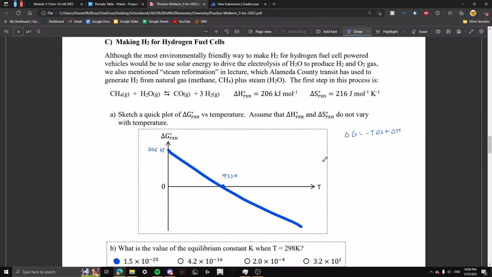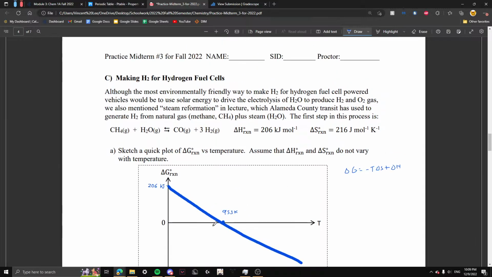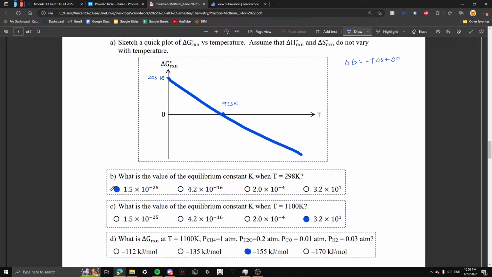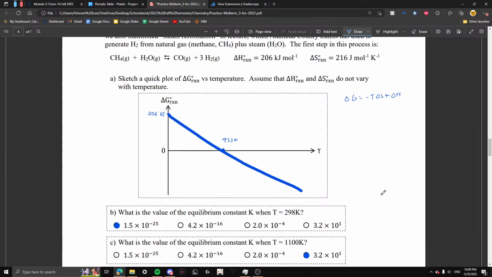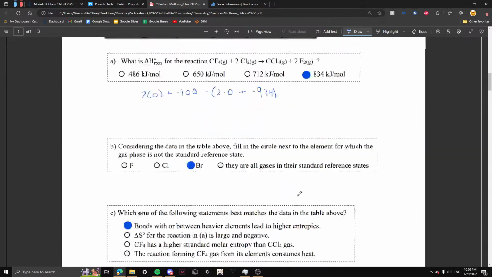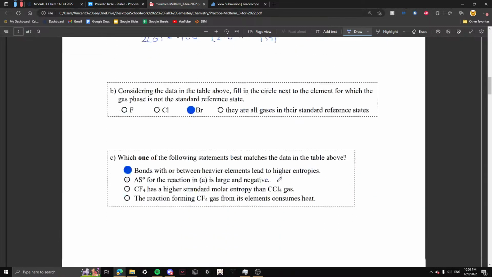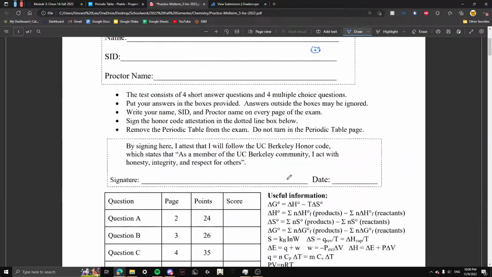Then you can do a quick calculation to find the T value where delta G is equal to 0. You plug in and you should get something like this. It's asking for the value of the equilibrium constant K when T equals 298. Well, you can go back and look at this reaction here. Yeah, delta S, my bad.